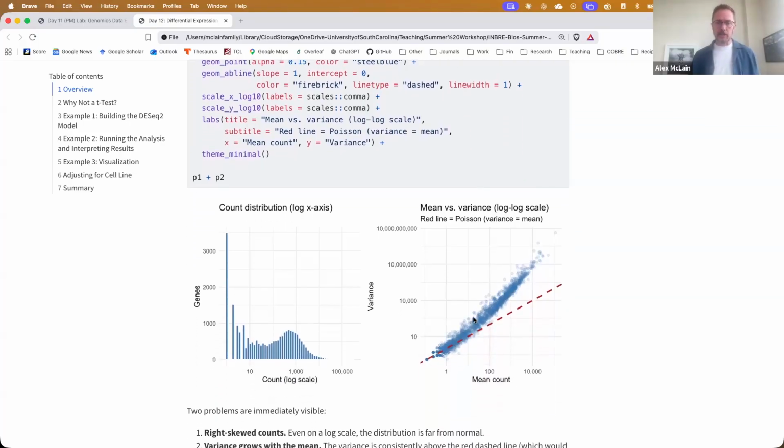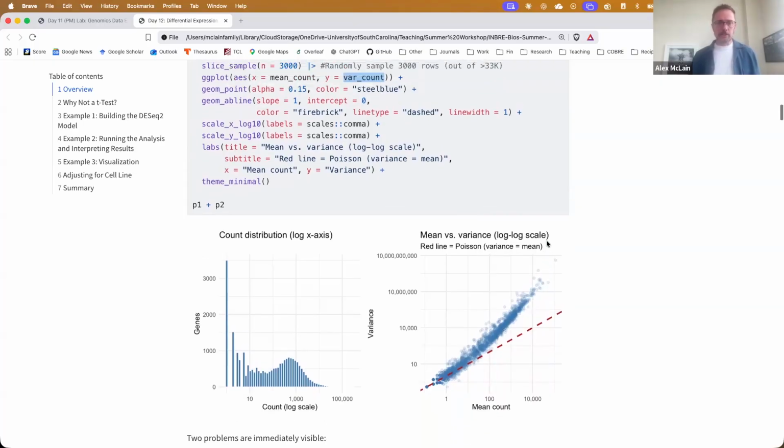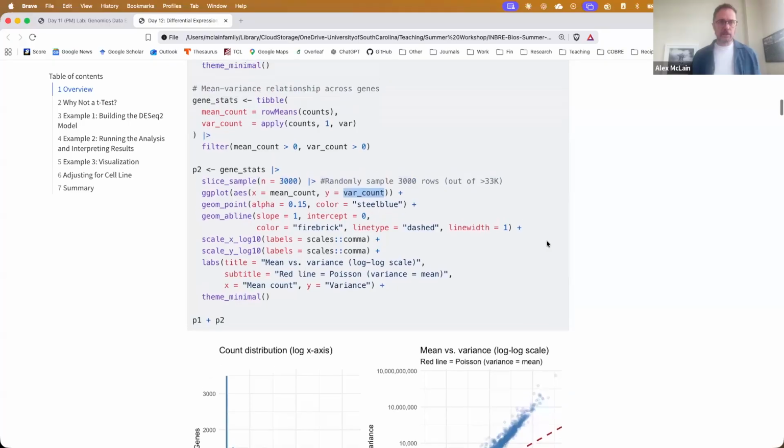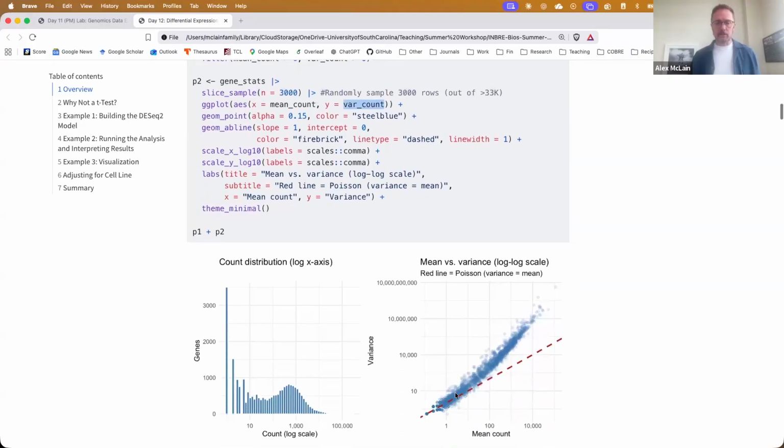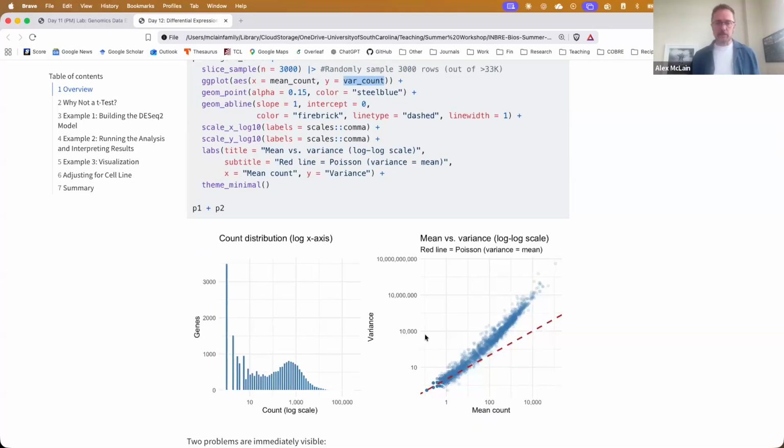And those are these dots right here. So for 3,000 randomly selected genes, these are the means and the variances, both on a log base 10 scale.